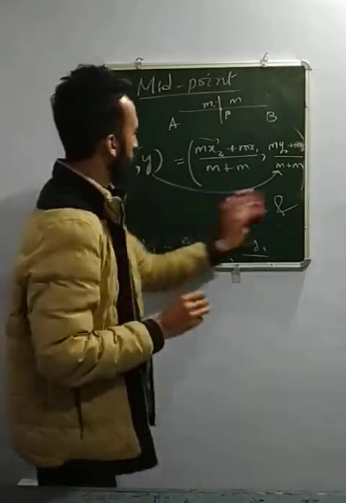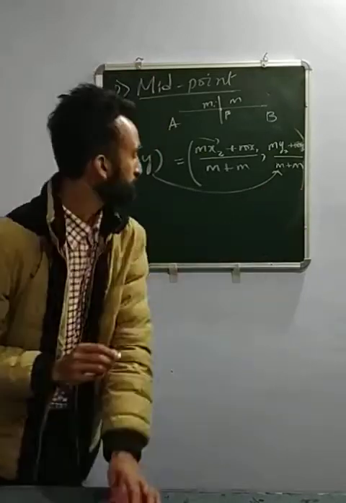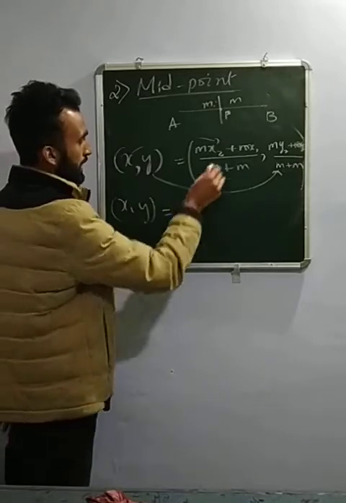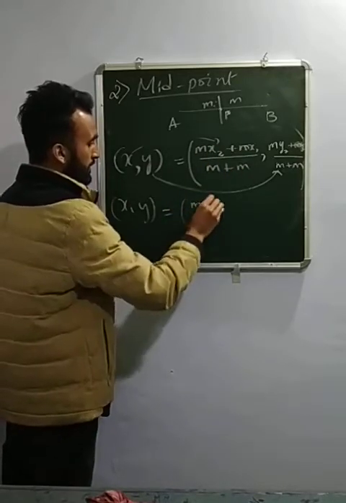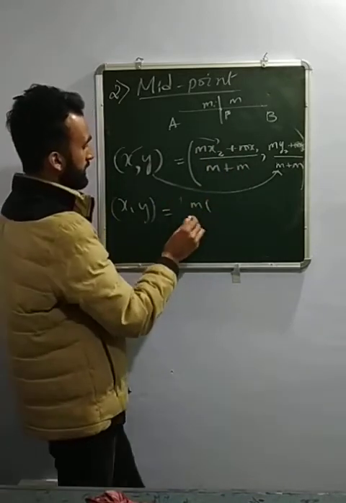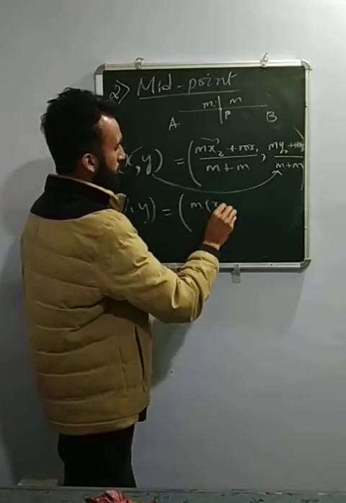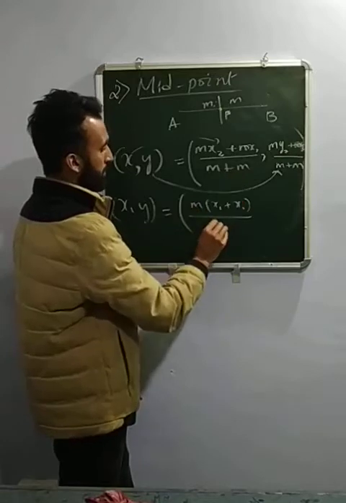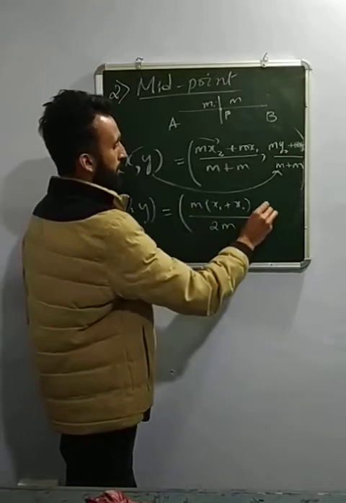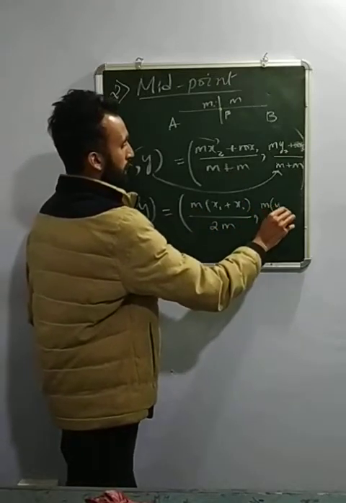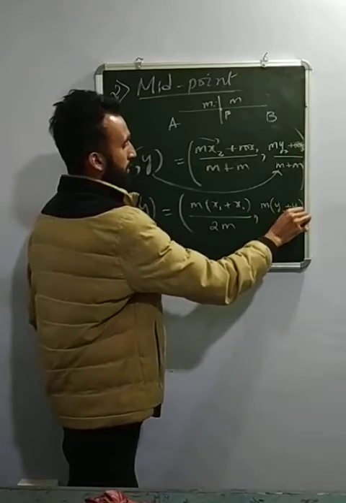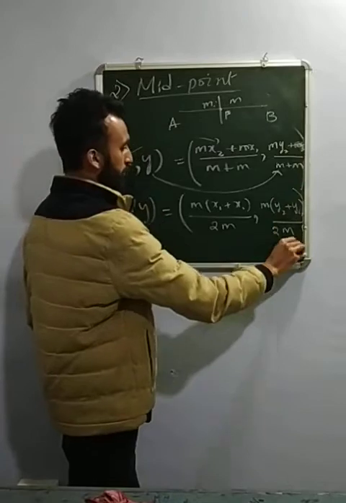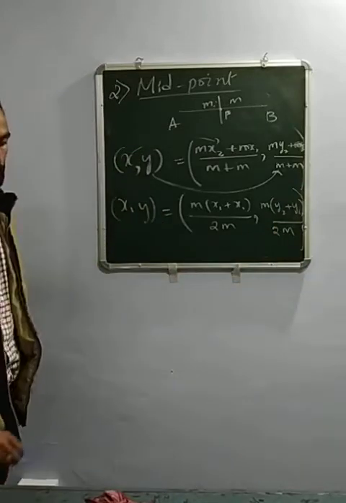Now check here what is happening. x comma y is equal to, I will take m common here, and you will get x2 plus x1 divided by m plus m is 2m, comma, m common here, y2 plus y1 divided by 2m. Remember, I am doing the midpoint formula, so same ratio.